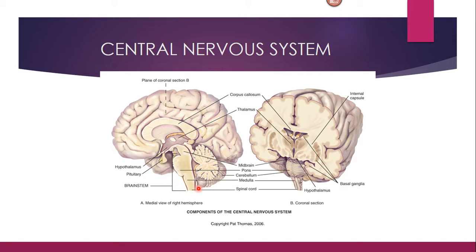This is more of a vertical view. We have our corpus callosum right there, and then our basal ganglia right here. So it's important to know what each system, or component I should say, does inside our brains.